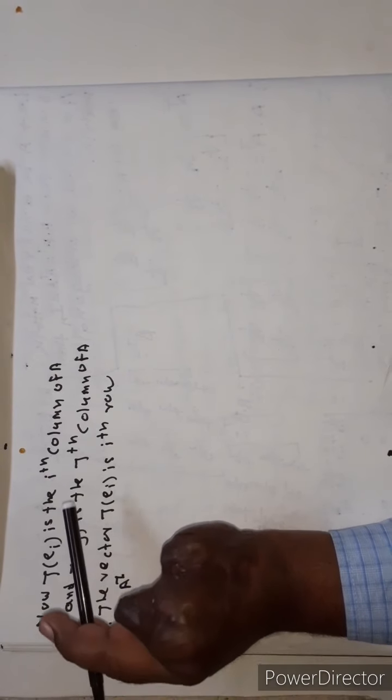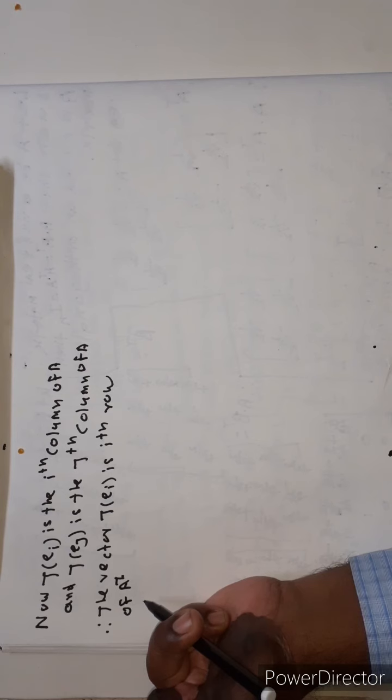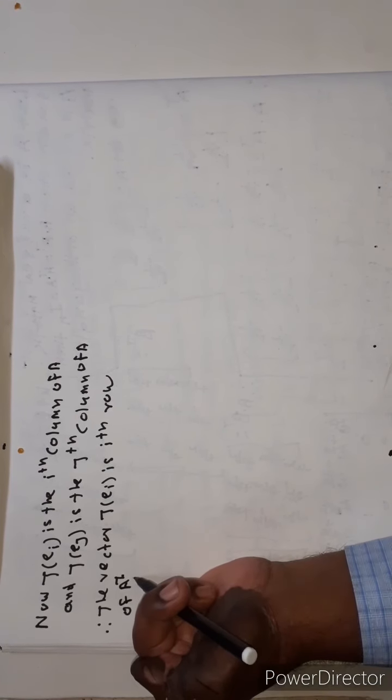Therefore, since T(Ej) is the jth column of A, the vector T(Ei) is the ith row of A transpose.